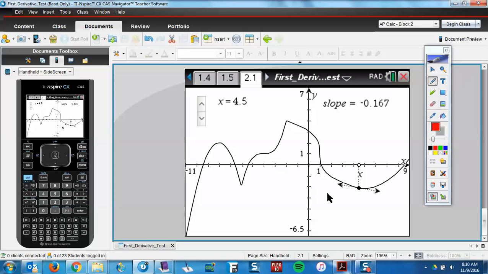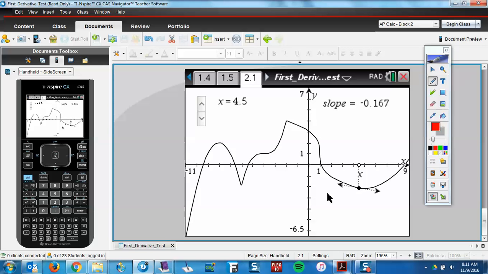Now, we said the other way around. If F's increasing, F prime is greater than or equal to 0, right? It could be flat, so it could be increasing, flat, and increasing again. But the key is if F prime is positive, F's increasing. Or the other situation would be if F prime is negative, F is decreasing, right?